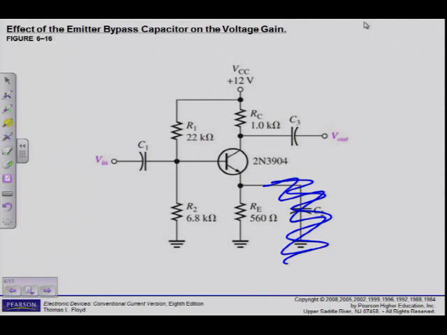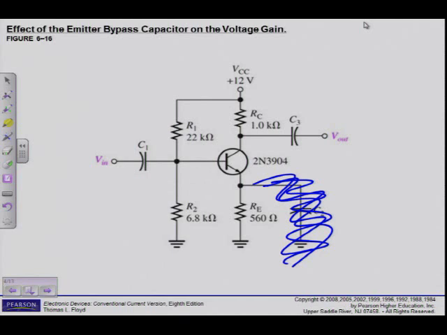Example 6.5, because they use the same circuit. The formula from this example is without the bypass capacitor. I can see I only have a voltage gain of 1,76, because I did not bypass RE, so all of RE is included in my formula.